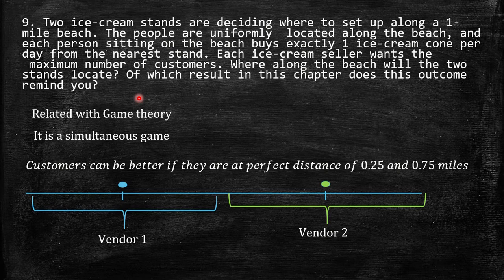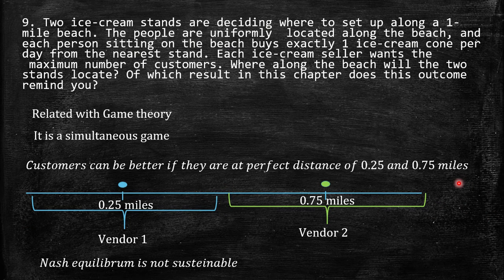And all the customers will be better off. Why? Because when they are in the middle exactly, imagine people that are at the end. The people at the end obviously need to go to this guy and go to this guy for the ice cream. Then the Nash equilibrium, unfortunately, is not sustainable. Remember, the Nash equilibrium is that point where there are no incentives to move, to deviate.